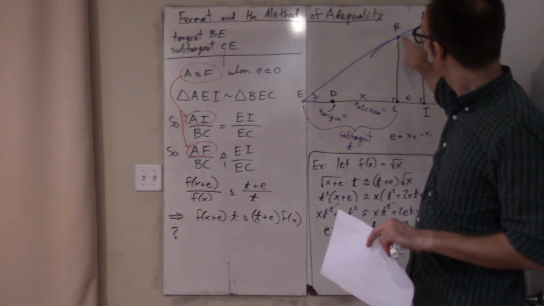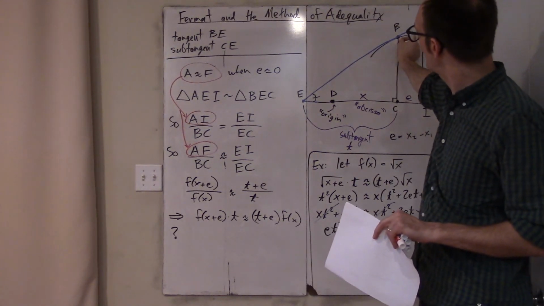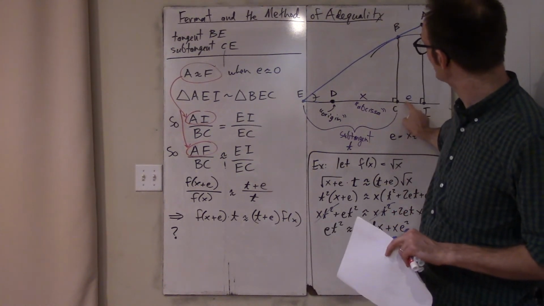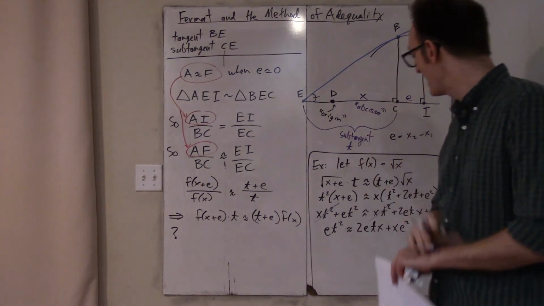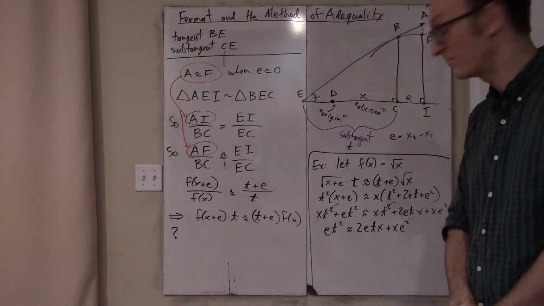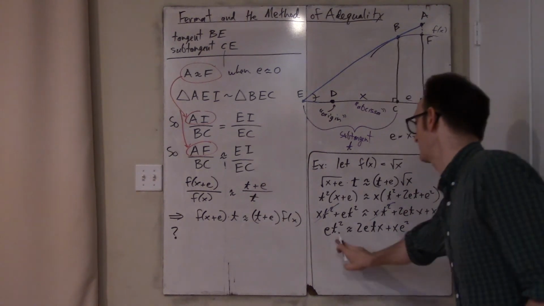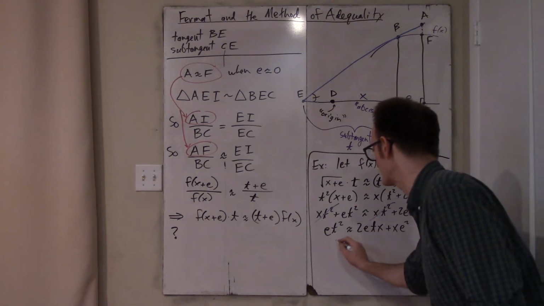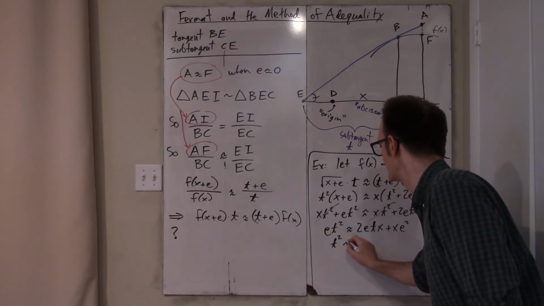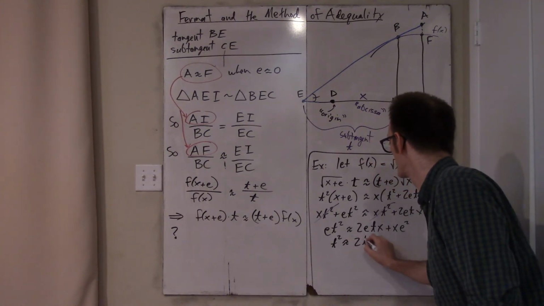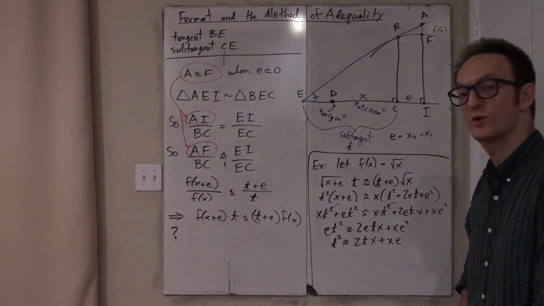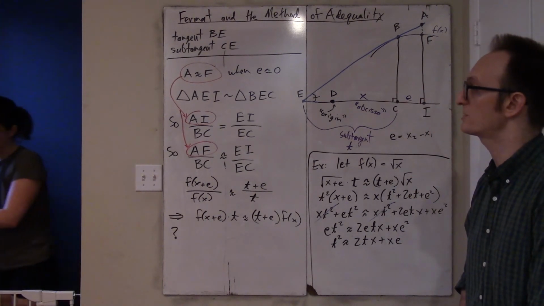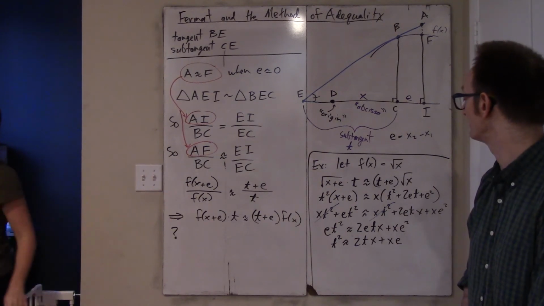So Fermat's innovation for moving points B and F infinitely close together is to just represent the difference between them with some letter E, and then let's make E really small. But before we make E really small, let's divide by E, because that's just algebra. Who doesn't trust algebra? So 2tx plus xe. And well, now we just agreed that E was negligible, so let's throw out the E's, and they're gone.